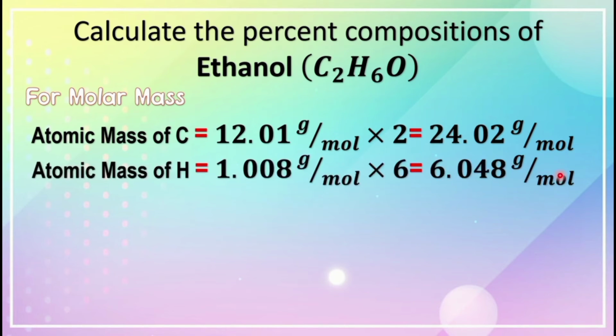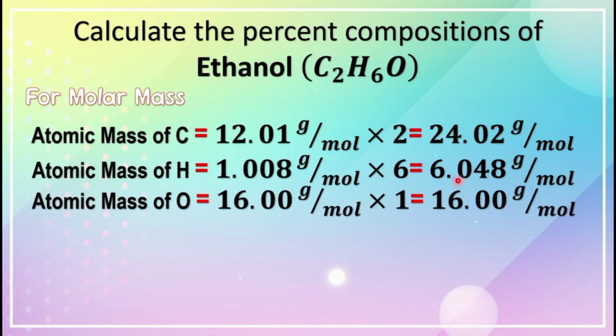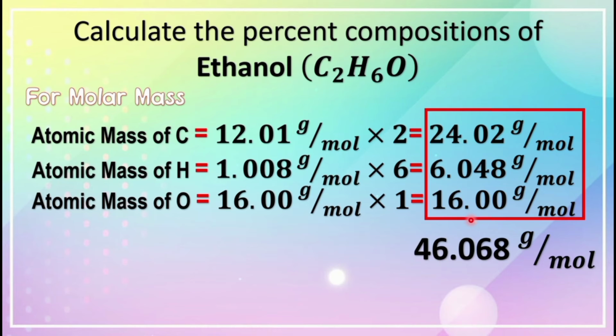Next, the atomic mass of hydrogen is 1.008 grams per mole times 6 moles, equal to 6.048 grams per mole. Next, the atomic mass of oxygen is 16.0 grams per mole times 1 mole, equal to 16.00 grams per mole.